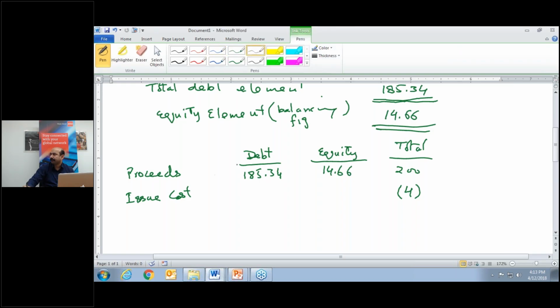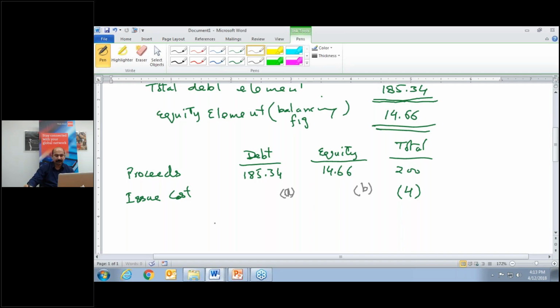For debt, I can show my calculation as A, and for equity as B.